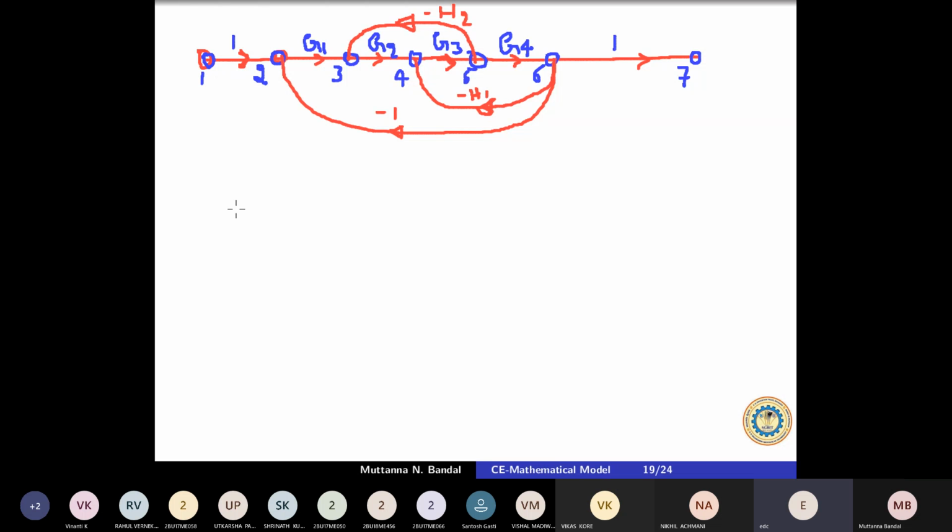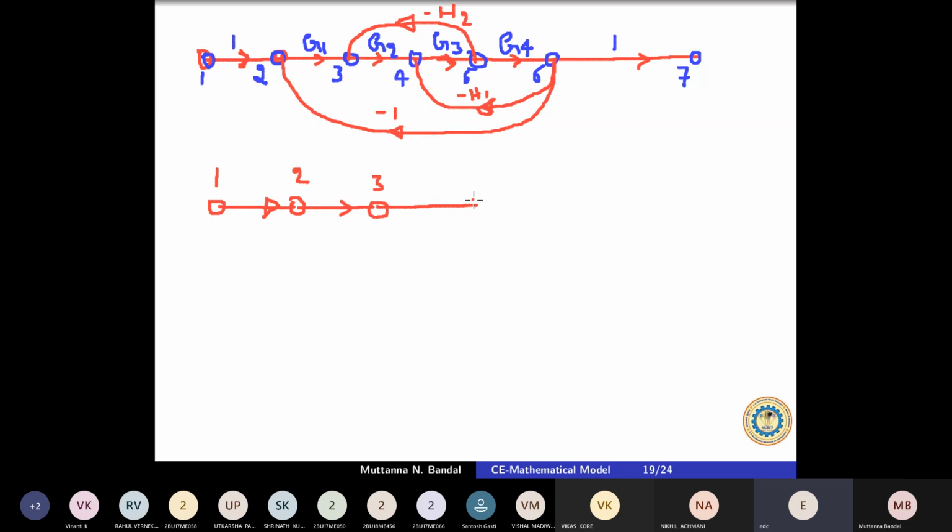Okay. Now I will draw the forward path for this graph. I will say node 1, from node 1 to node 2 the signal is going in a forward path. From 2 to 3 there is a forward path.